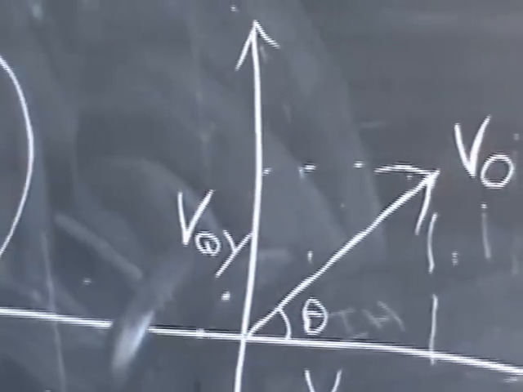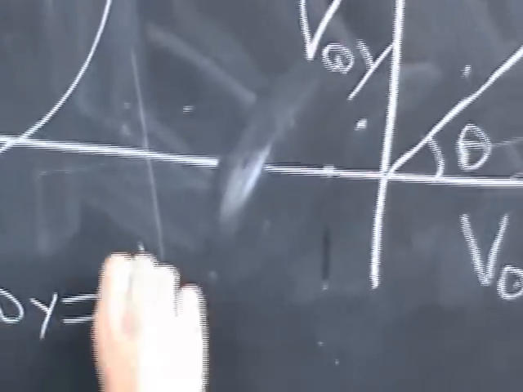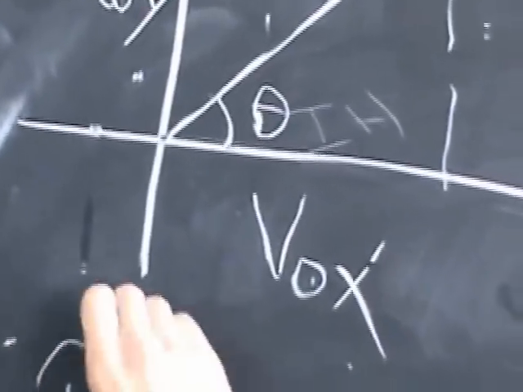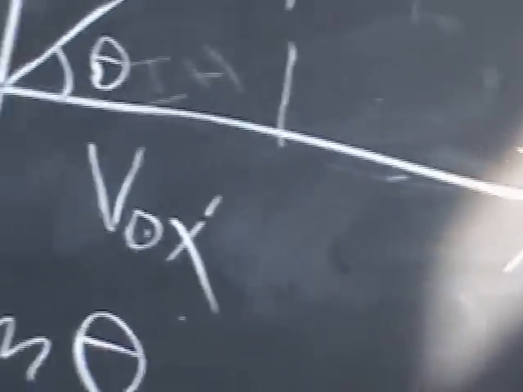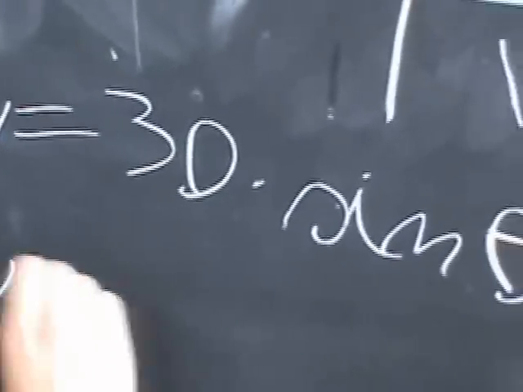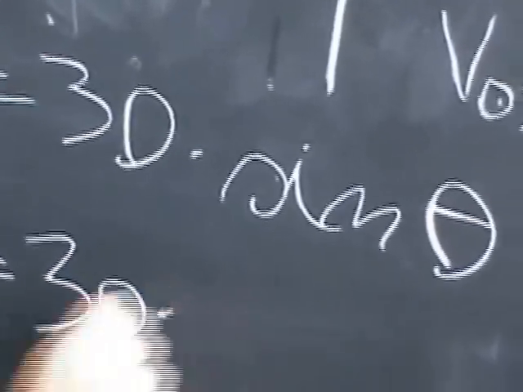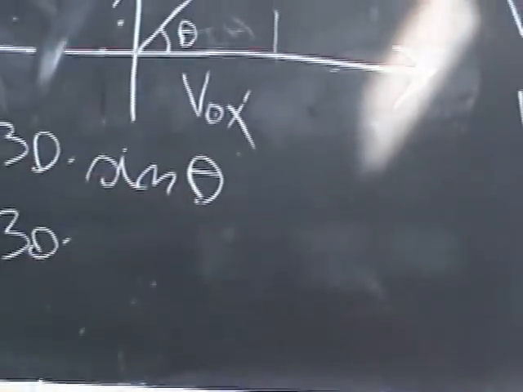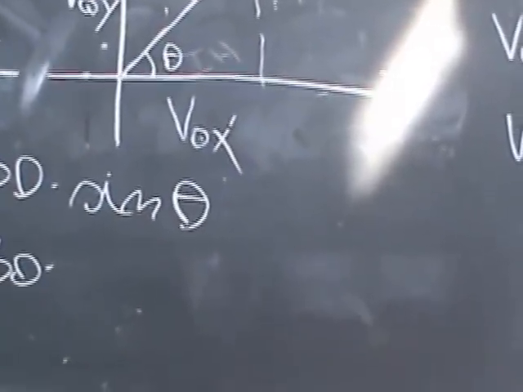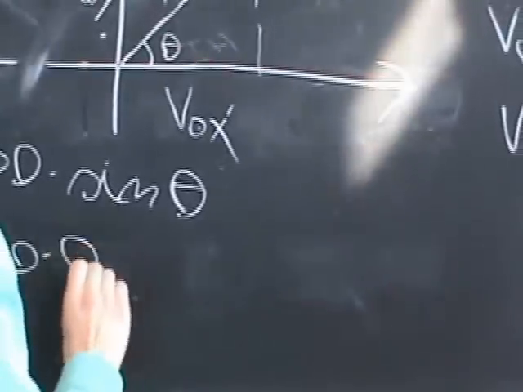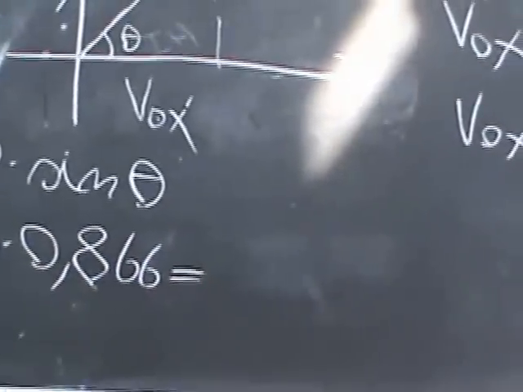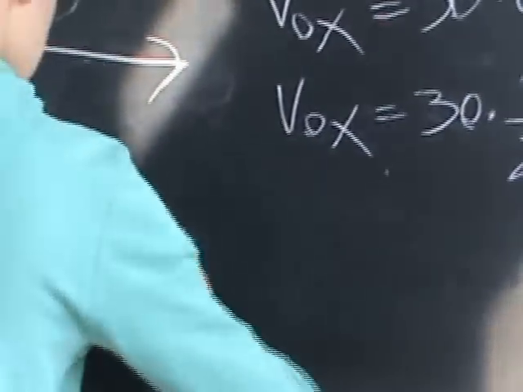V sub 0 sub y is equal to 30 times the sine of theta, which is 30 times 0.866, because the sine of theta is square root of 3 divided by 2, which is almost 26 meters per second.